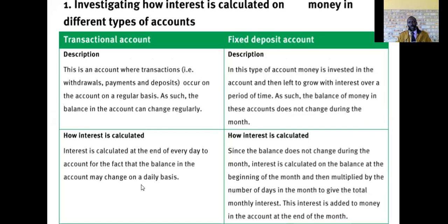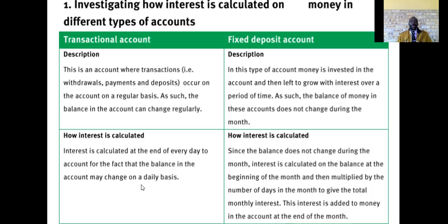Because the bank expects you to be using this account basically every day, they calculate interest on a daily basis. The interest that the bank charges is daily for this type of account. By the end of the day, they calculate the interest.